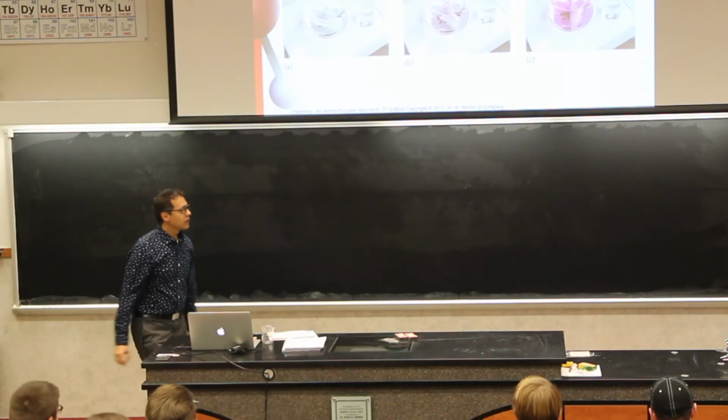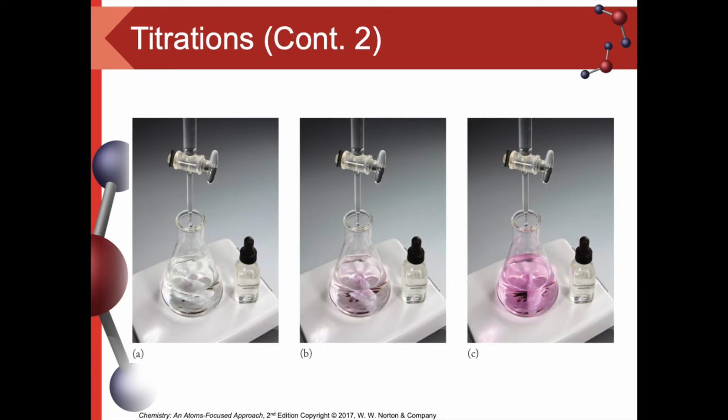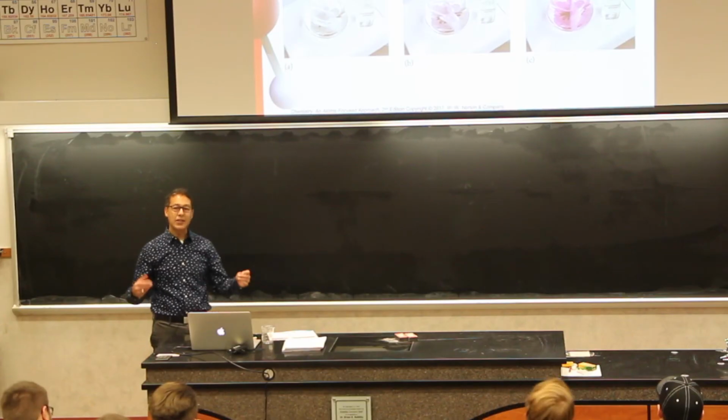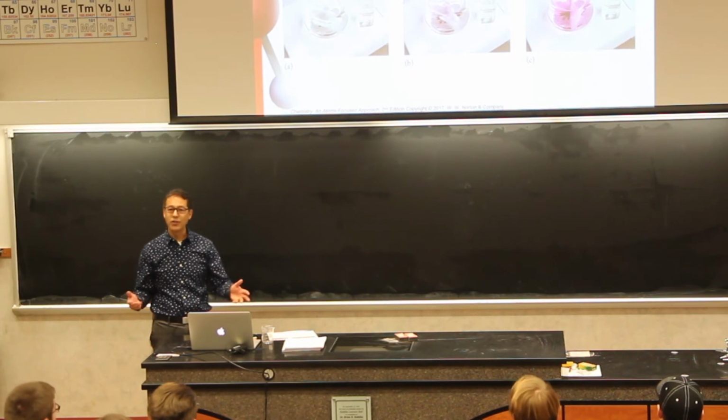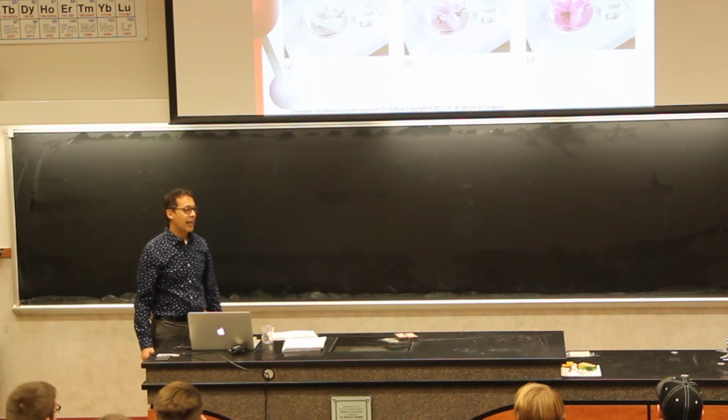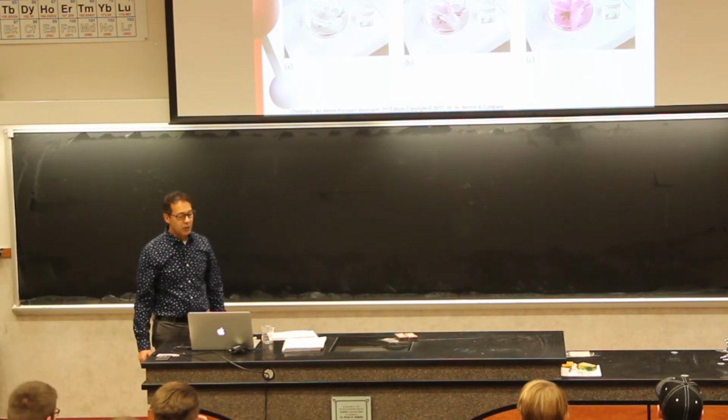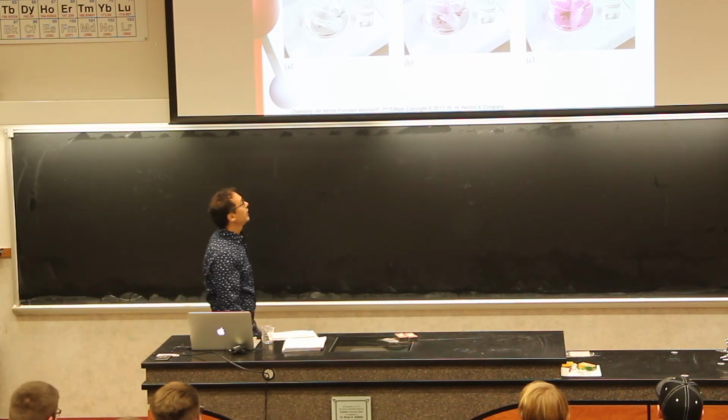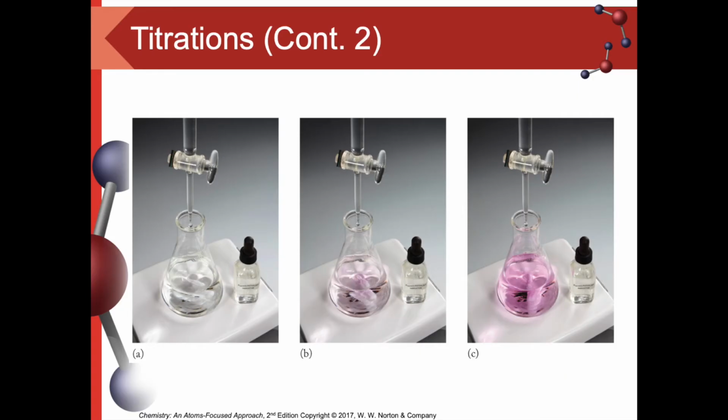You can do this with 2 different reagents and cause a precipitation reaction. That's one way of doing titrations. The other technique that's often used is mixing acids and bases and trying to figure out what is the concentration of an acid or a base. And when you do that, you'll often put an indicator into your analyte or your solution. So here on the left-hand side we have an Erlenmeyer flask.